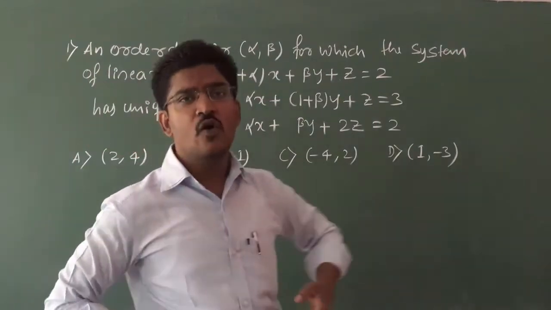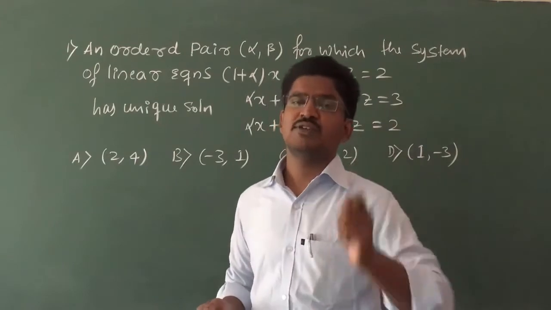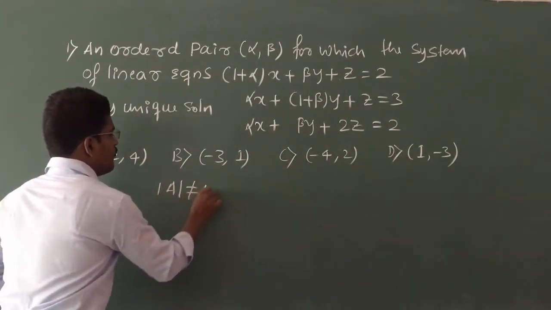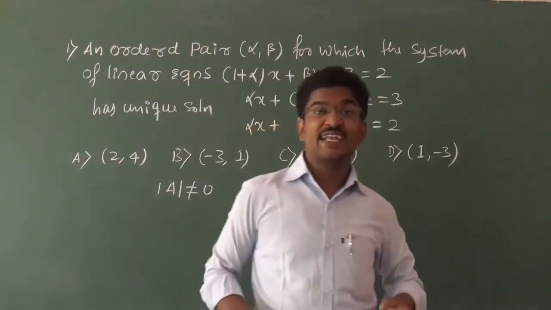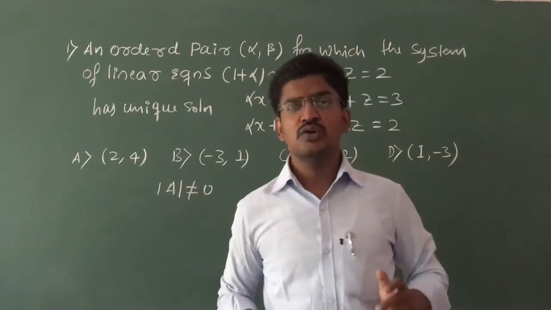As you all know, a unique solution means the coefficient determinant must be not equal to 0. That means the determinant of the coefficient matrix must be not equal to 0.